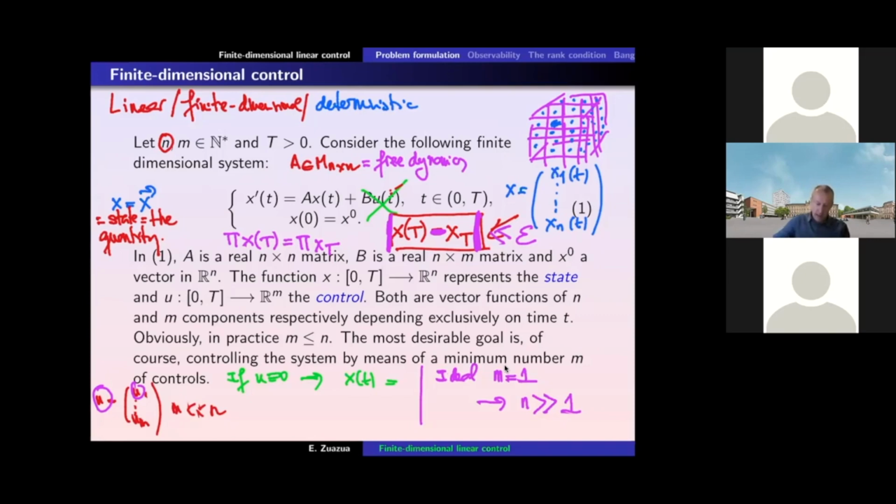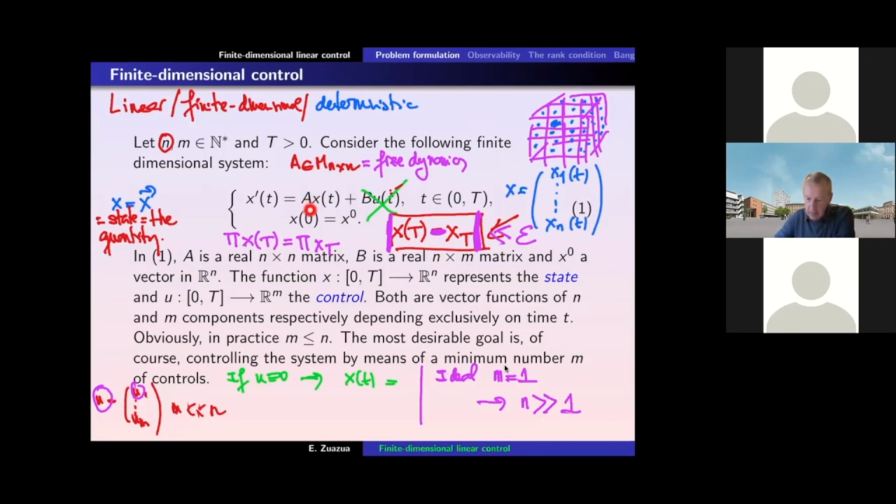Okay, so then what are the other ingredients of the control process? One, as I said before, is the matrix A. So the matrix A is the matrix giving you the dynamics of the system, right? There is nothing you can do about it. A is determined a priori, right?